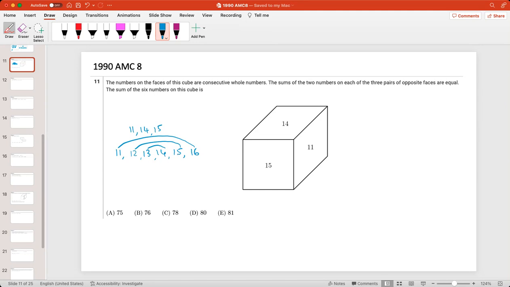So in this case 15 has to have 12 opposite to it, 14 has to have 13 opposite to it, and 16 can have 11 opposite to it, right? This is what it should be. So we just have to total up these numbers and that's going to give us our answer. And in this case, the answer option is E, 81.